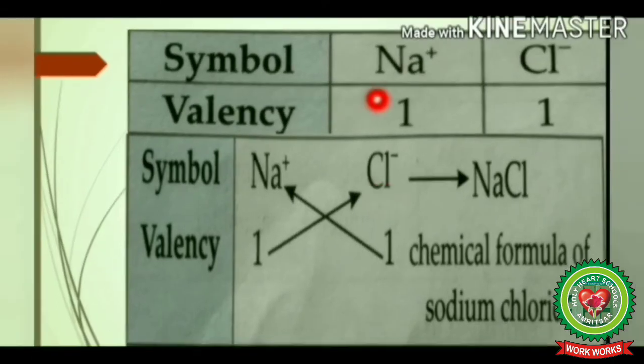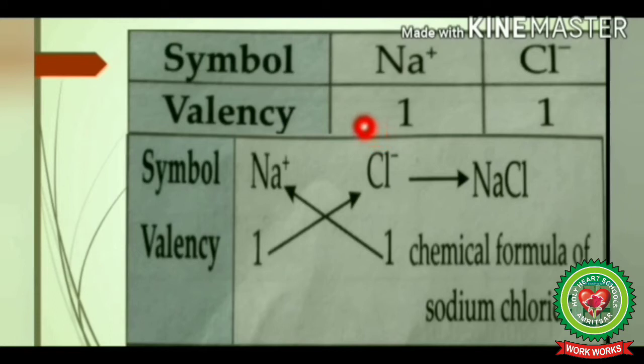First, write the symbols of sodium and chloride radicals, that is Na+ and Cl-. The positive radical sodium is written on the left side and the negative radical chloride is written on the right side. Next, below the symbols of each element, write down their valencies.